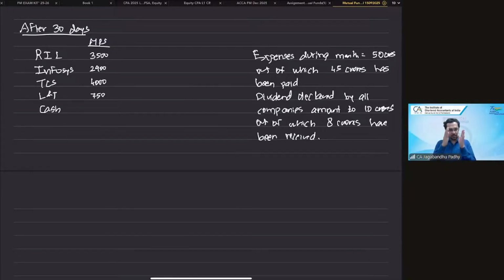So after 30 days, these are the prices. During the period of 30 days, there's a cash expenditure which is happening: salary to your staff, salary to your fund manager, any sort of SEBI fees and all. That amounts to 50 crores, out of which 45 crores we have paid out. Similarly, dividend declared by all the companies amounts to 10 crores, out of which 8 crores have been received by us.